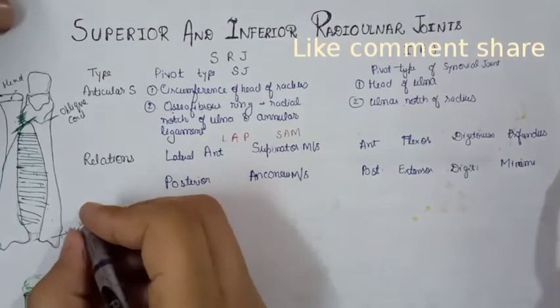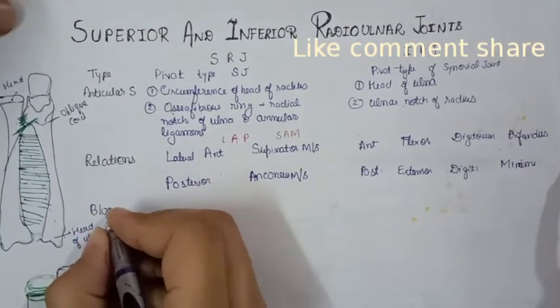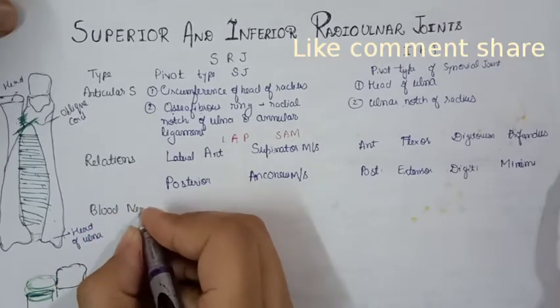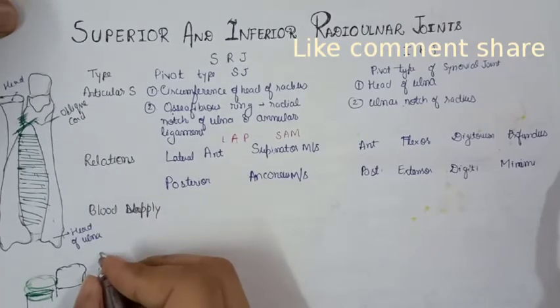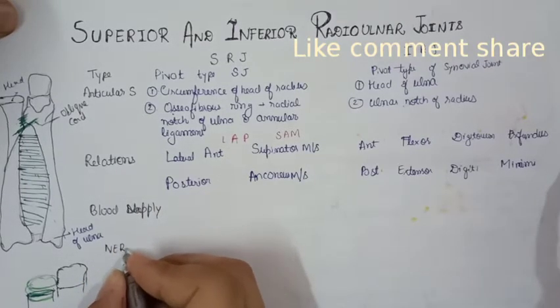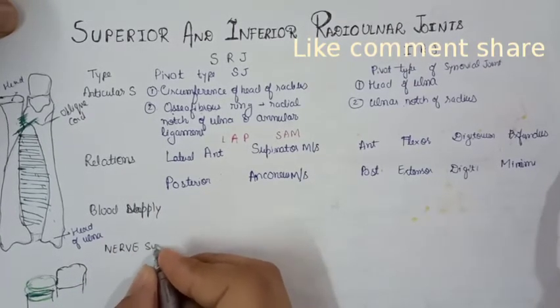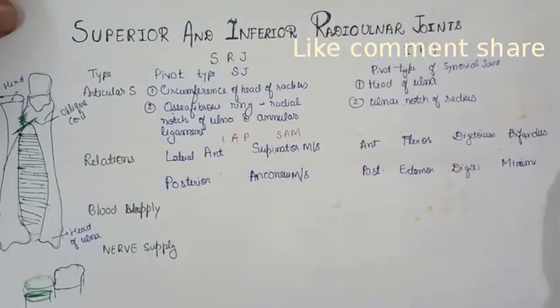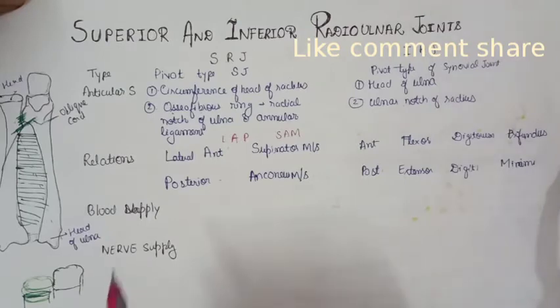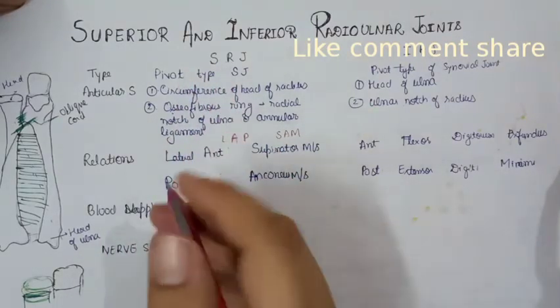Now let us see the blood supply and nerve supply. In the next video, we'll discuss the different ligaments in detail along with the diagram. So first, let us see the blood supply and nerve supply of the superior radioulnar joint.